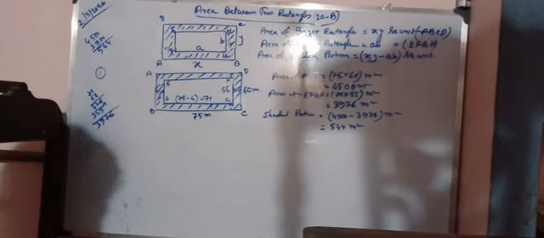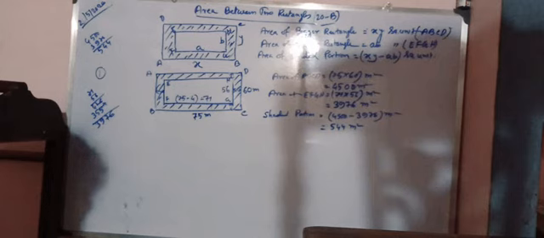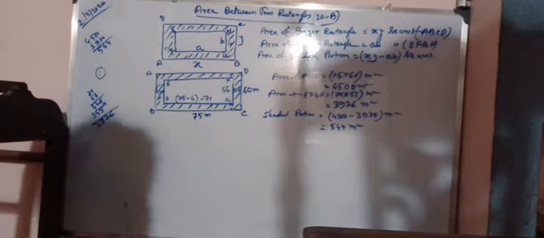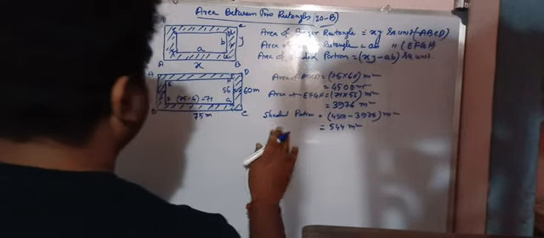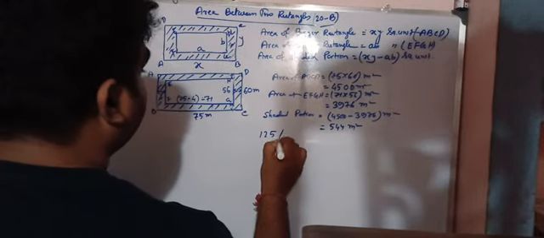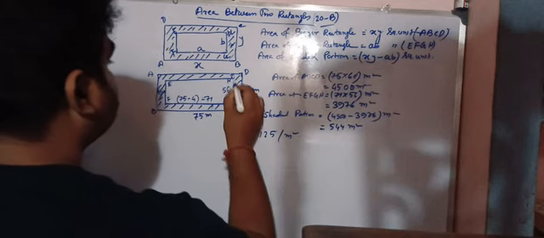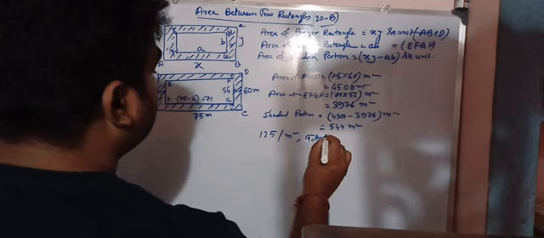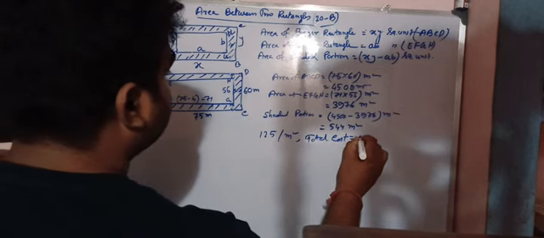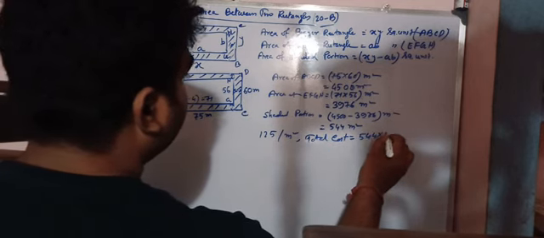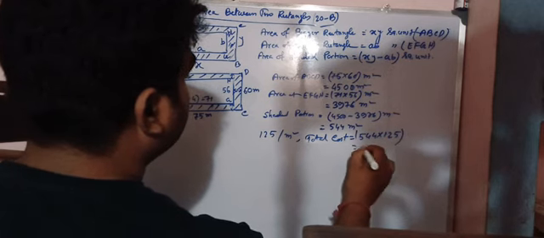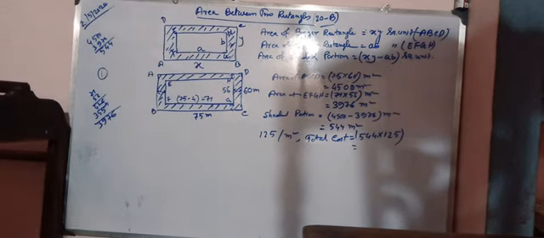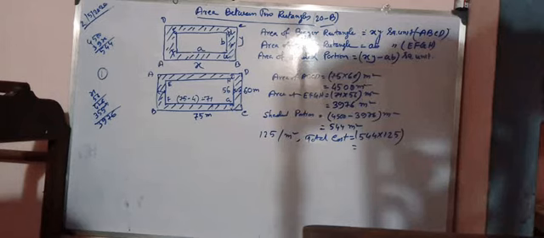So now here the cost of constructing is 125 per meter square. So the total cost is equal to 544 into 125. Okay, so that should be my required result.